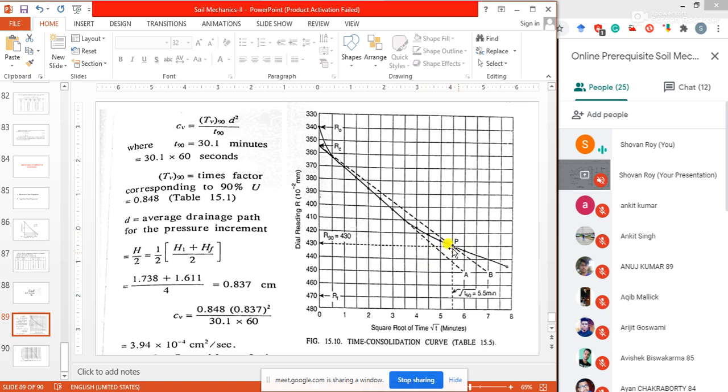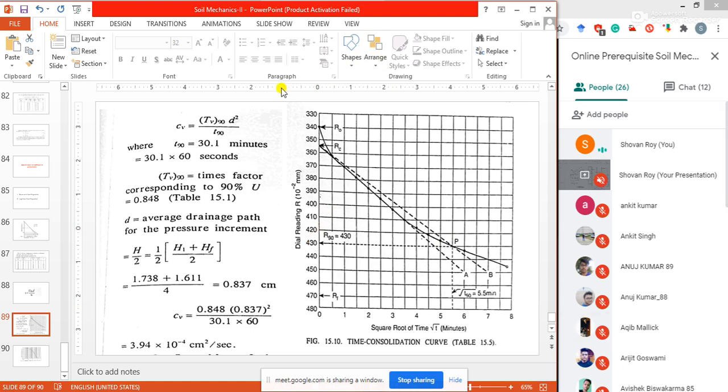Actually, the purpose of this B line is to find out your U90 value. At R0, U is 0, but where the B line, the 1.15 deviation line from the A line, touches your actual curve, this point is considered as your U90, the 90% degree of consolidation.